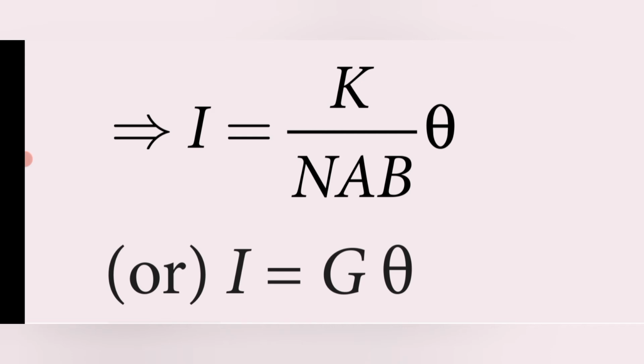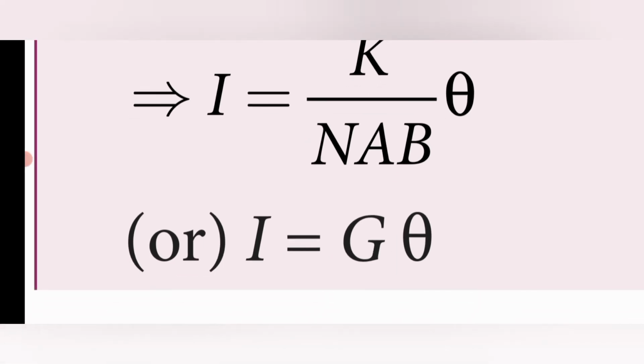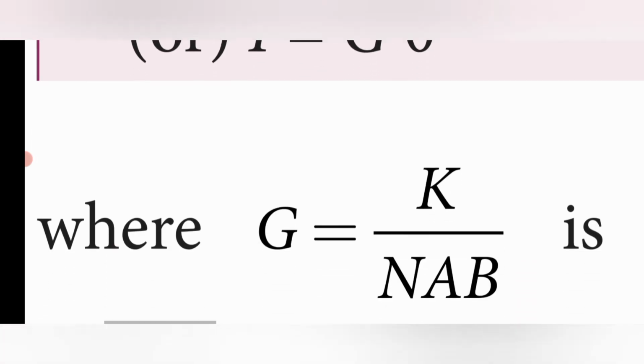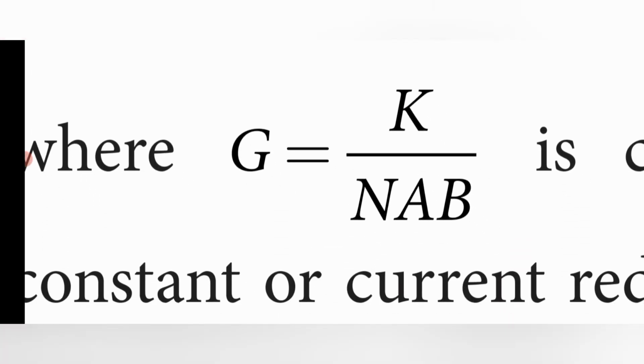K is the restoring couple per unit twist, N is the number of turns, A is the area, B is the magnetic field. These are all constants that can be considered as a G value here. So G is equal to k by NAB, and I is equal to G theta. Here G is the galvanometer constant, also referred to as the reduction factor of the galvanometer.